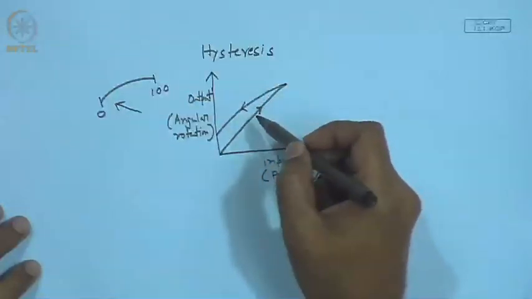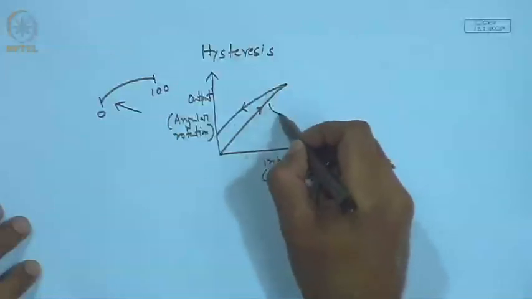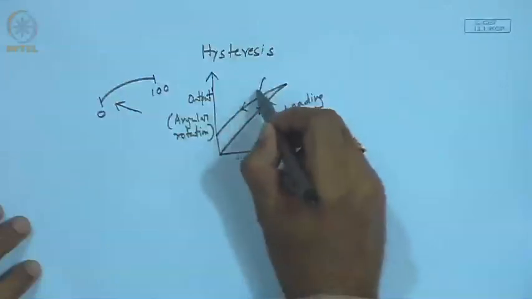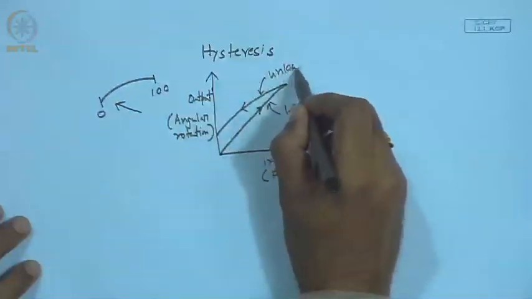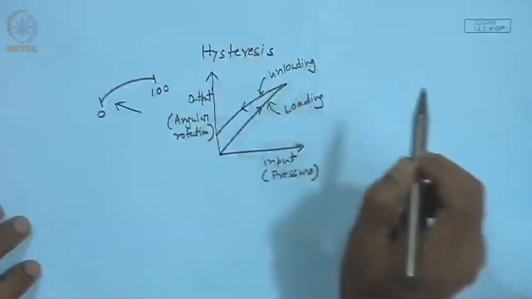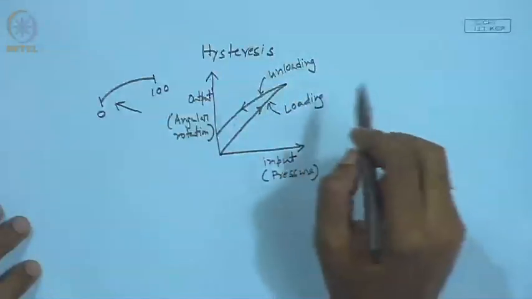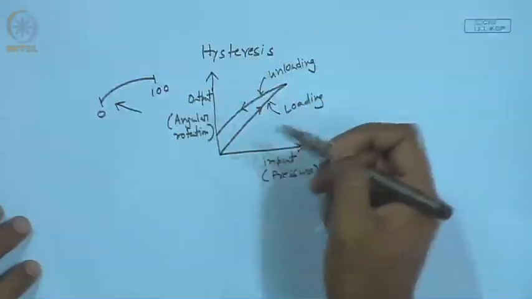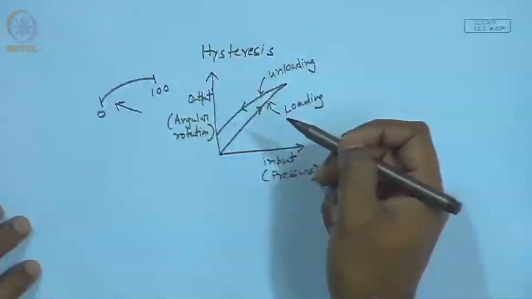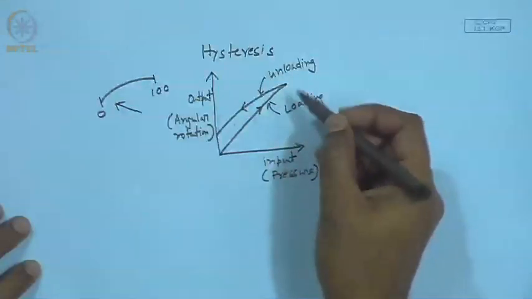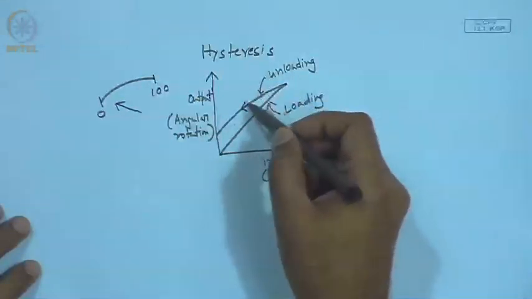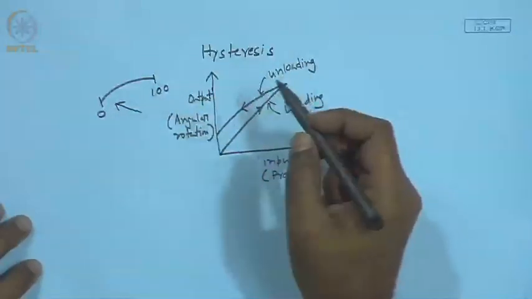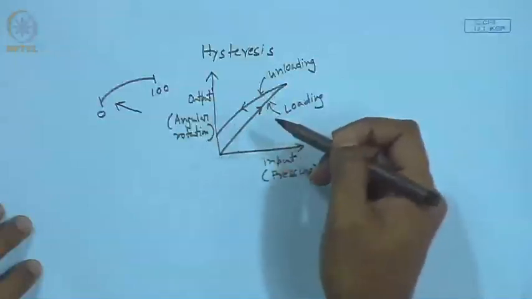This is the non-coincidence of this loading and unloading curve. While I am increasing pressure, I am putting more energy into the instrument, and while I am reducing the pressure from 100 units to 0 units, that energy is being released.